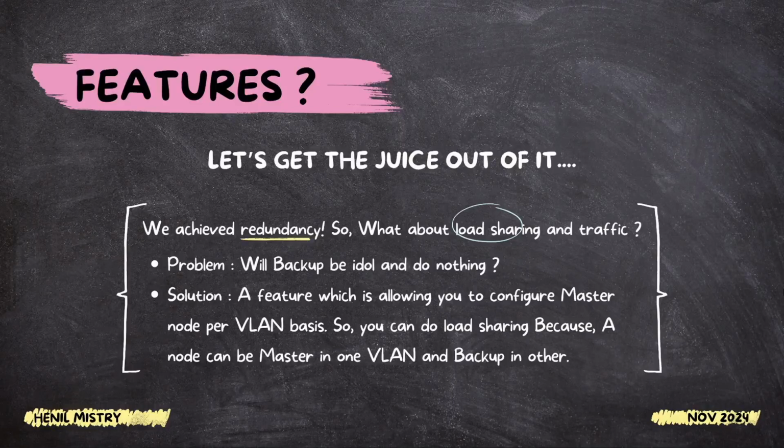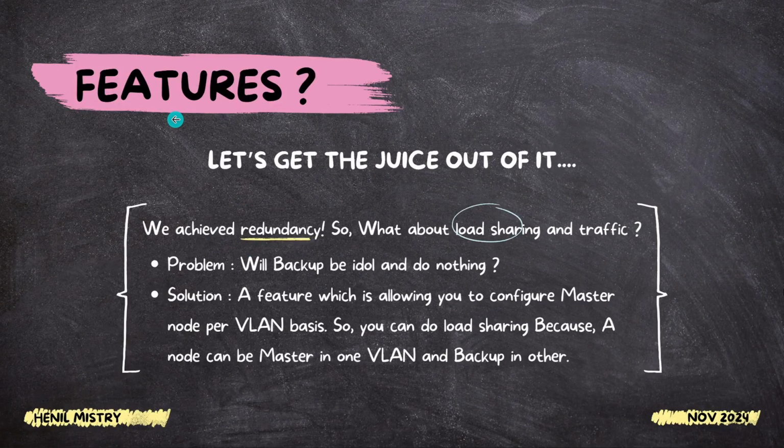But let's say our traffic is so much that the link utilization will be very high. So in those cases, if somehow there was a mechanism to divide our traffic, that would be very good, because we can distribute 50-50 traffic on both of the devices, or we can have multiple IPs configured on multiple interfaces.